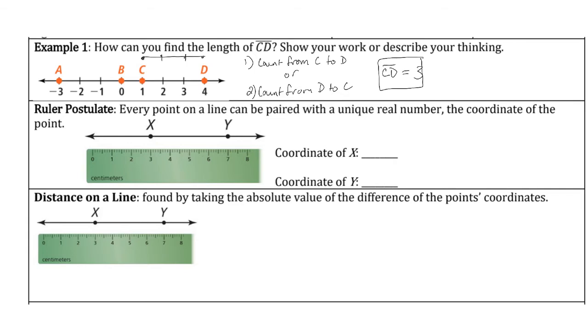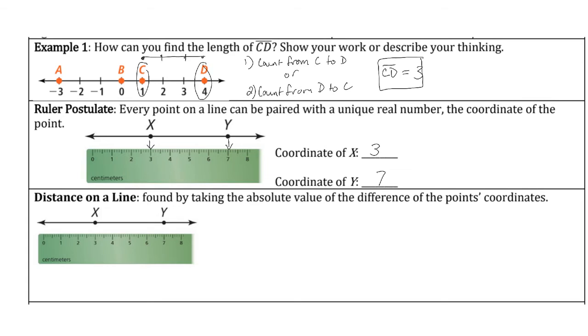It says that every point on a line can be paired with a unique real number, the coordinate of the point. The coordinate of X would be 3, whereas the coordinate of Y would be 7. Just like in example 1, the coordinate of C is 1 and the coordinate of D is 4.